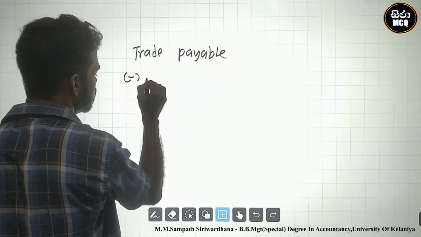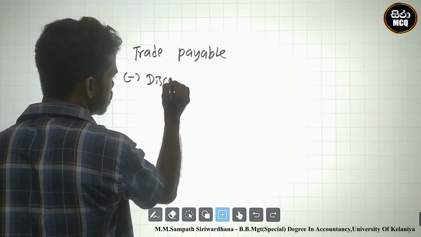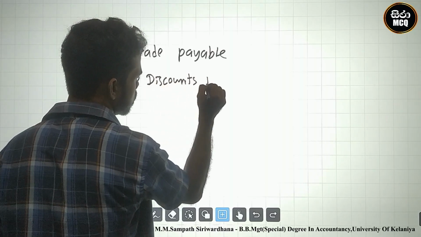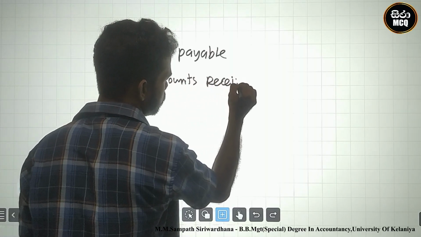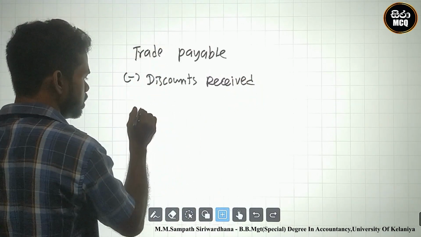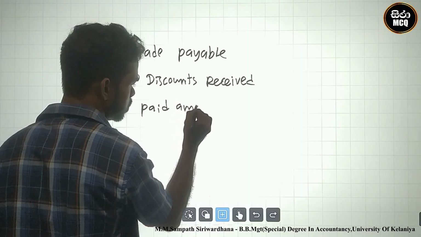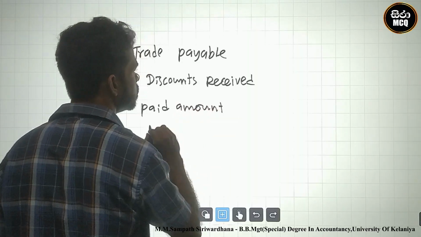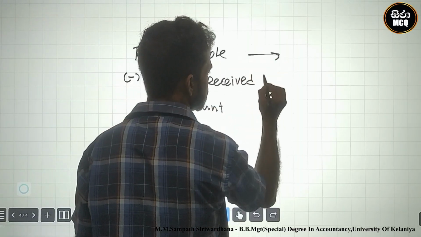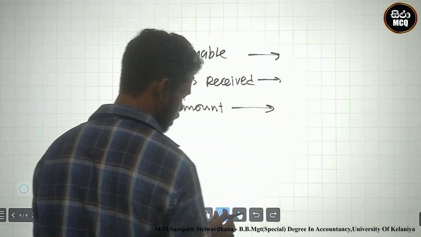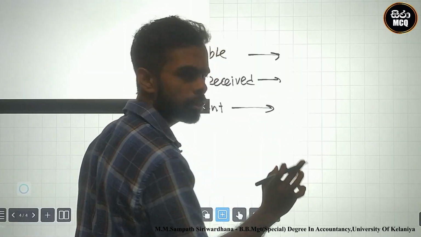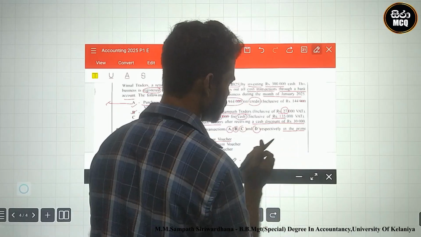After that, we must deduct discounts received, and we can identify the paid amount. At this time, we must identify the payable amount and easily identify the discount amount.